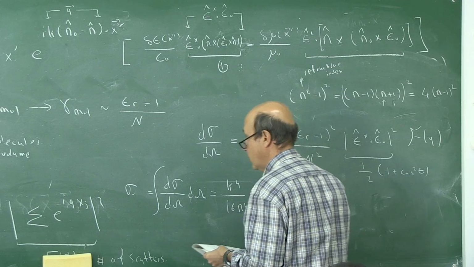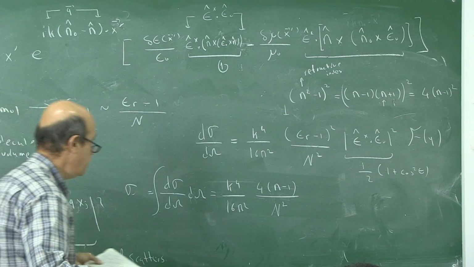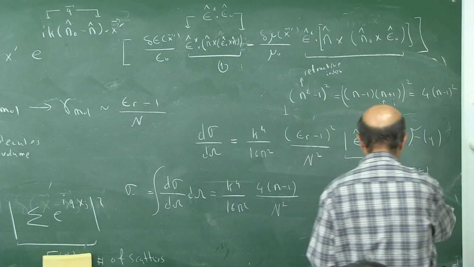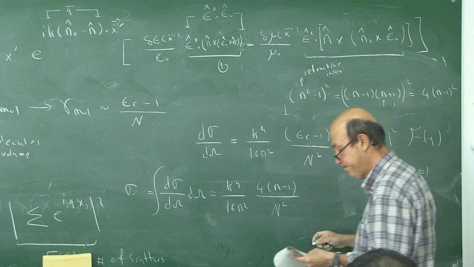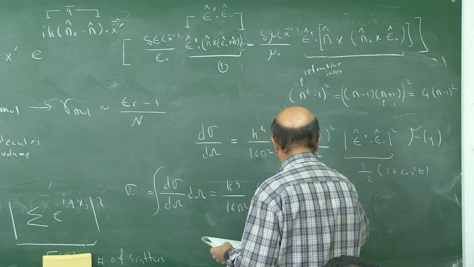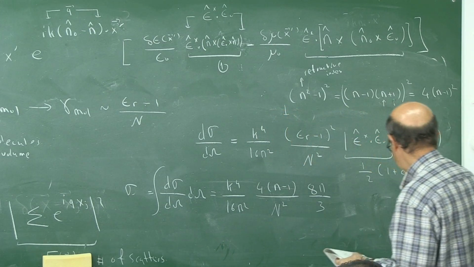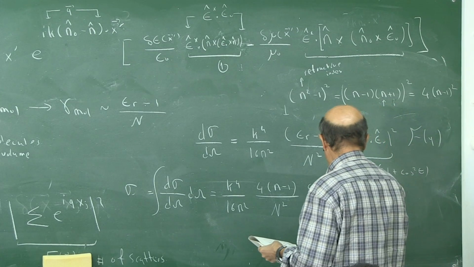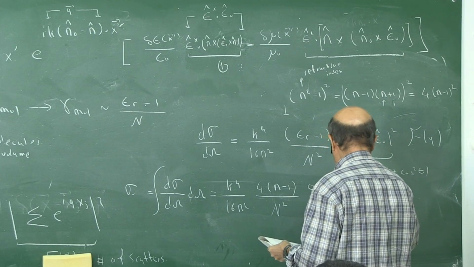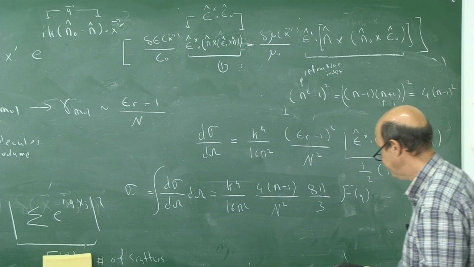N square is the square of the number of molecules per unit volume. So integration of all stuff through those solid angles will be 8 pi over 3. You can derive this by yourself easily, times the structure factor. This is the number of molecules.